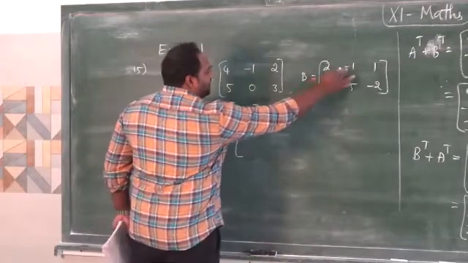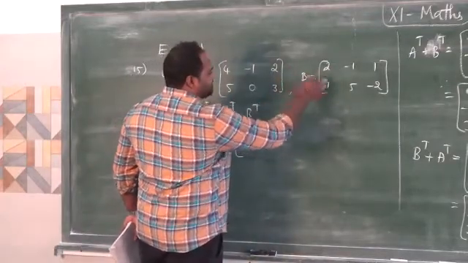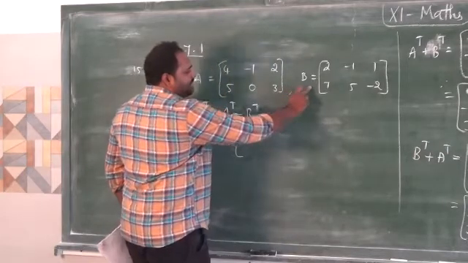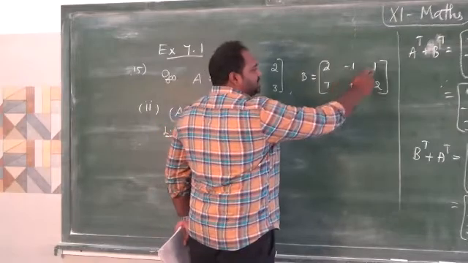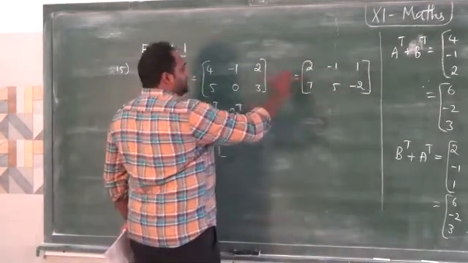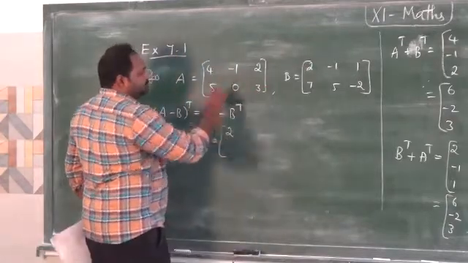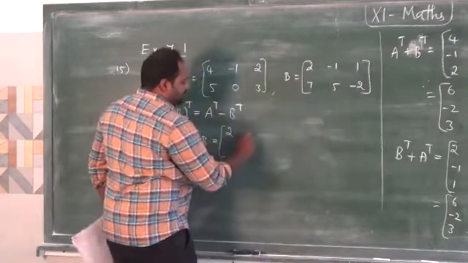Minus 1, here I am going to subtract this matrix from that matrix. In between we have a minus here, so when you multiply the minus inside, it becomes negative, plus, minus, minus, minus, plus. Minus 1 minus 2 gives minus... here it is plus 1, minus 1 plus 1 is 0.